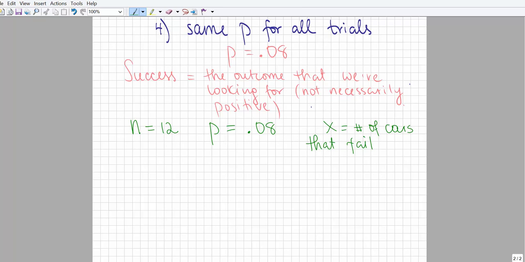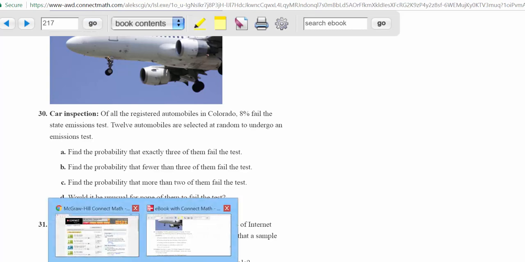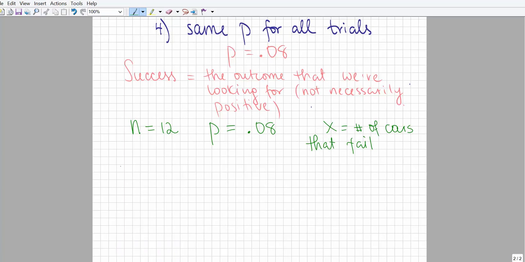Okay, so let's see what this problem is asking us. Find the probability that exactly 3 of them fail the test. Okay, I'm going to do probability that exactly 3 fail the test.